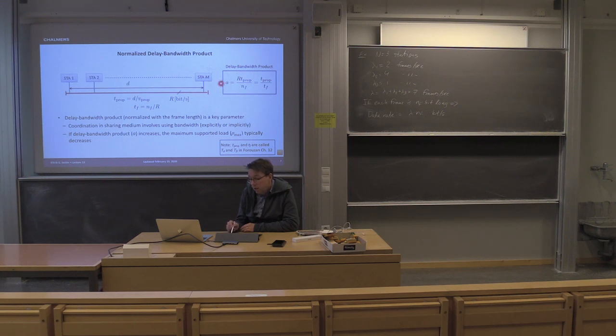A is the normalized delay bandwidth product. It's the propagation time divided by the time it takes to transmit a frame, and the time it takes to transmit a frame is NF divided by R. So we can write it in this form instead.